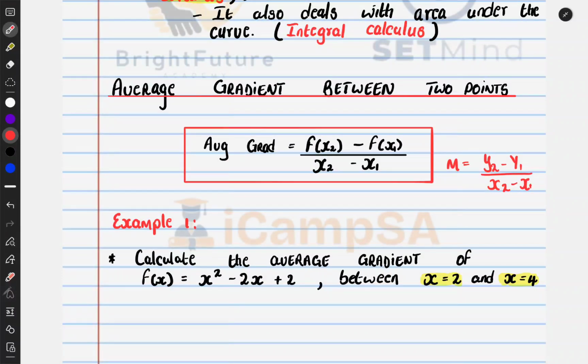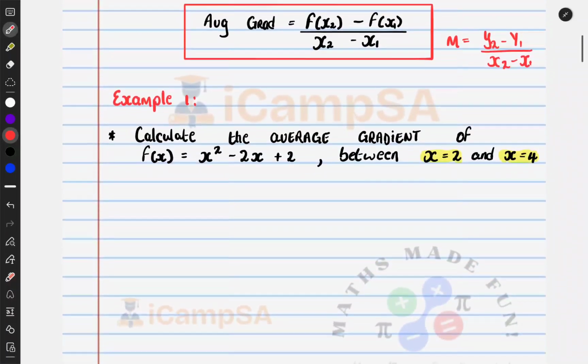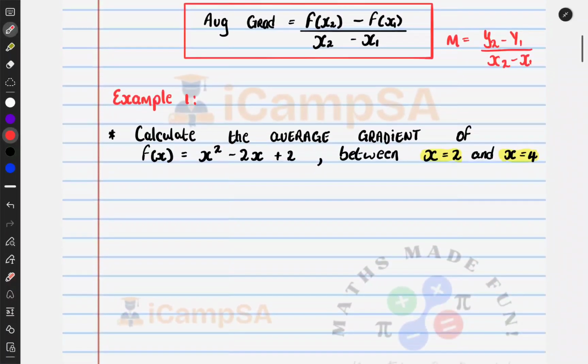So it's basically the difference of the height over the difference of the run. So this is the formula that we use to calculate the gradient between 2 points, or the average gradient between 2 points. So let's quickly do an example of calculating this average gradient between 2 points.